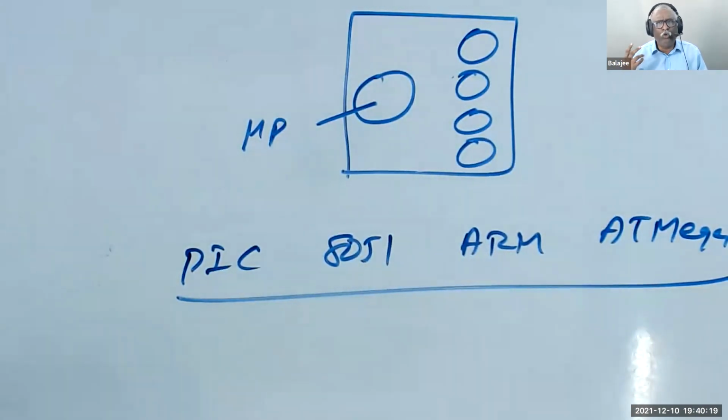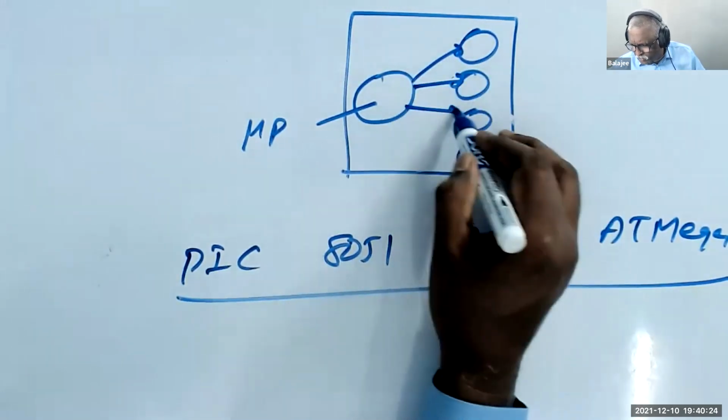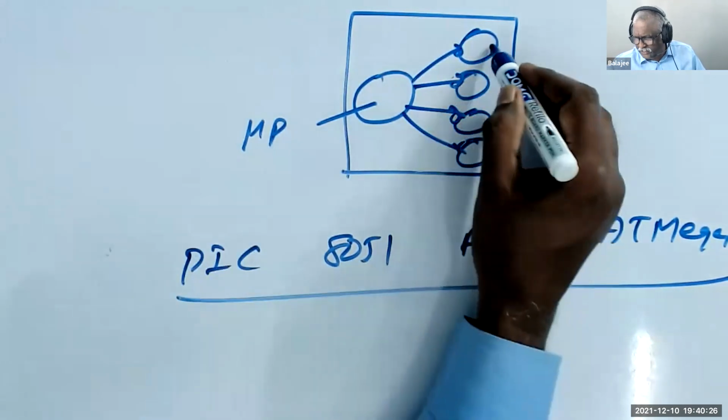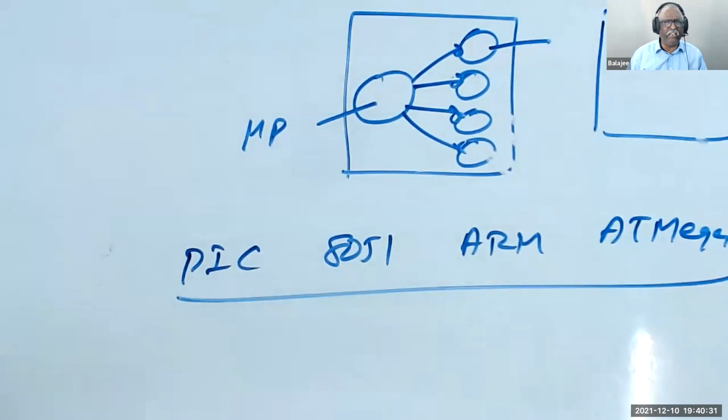So don't try to get attached to one controller. All the controllers are the same. You have to read the data sheet and see how many registers the controller has and how you read them. That is it.